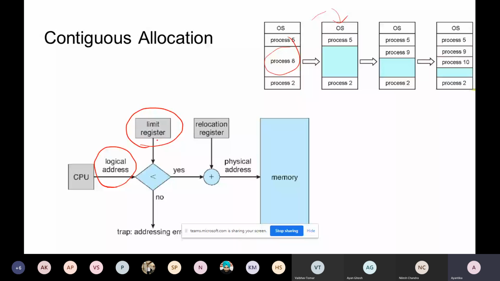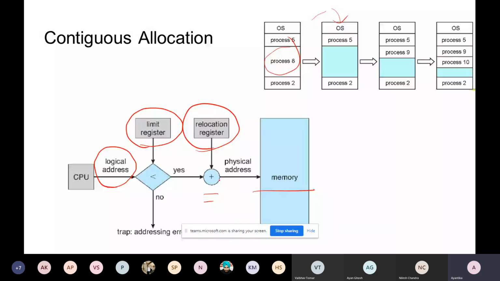If yes, then through the relocation register, you add your logical address request, and that gets mapped to your main memory. So this is the basic idea of any kind of contiguous allocation. That means for a particular process, whatever memory request we send to the memory, that logical address request gets appended with some relocation register.